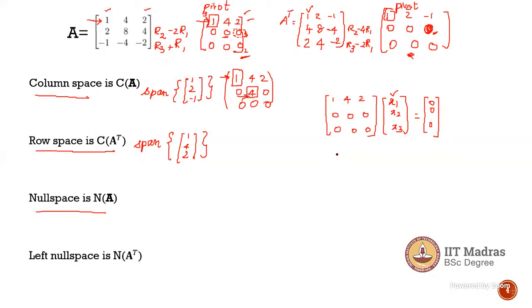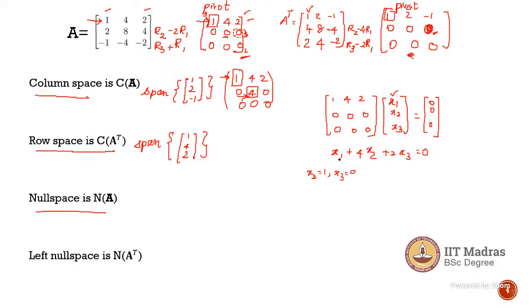So here our equation is x1 plus 4x2 plus 2x3 is equal to 0. So here our x1 is your pivot element. So we cannot substitute any values for this pivot variable. So what we do is we are free to choose x2 and x3. Hence we set them to basis entries x2 equal to 1 and x3 equal to 0.